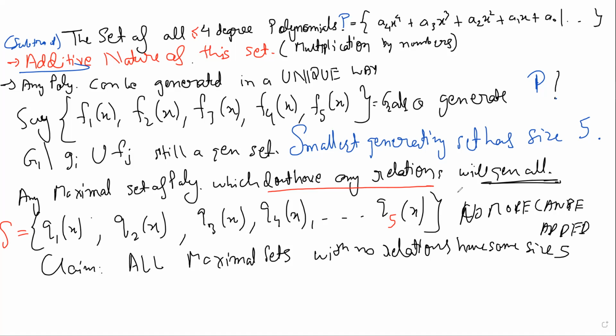And the fact that they have size 5 is clear because x choose 2 again is a prototypical example. Yeah. And this is again by the same exchange argument. You take two maximal sets and you do that exchange argument. You will show that one of them has size at least as much as the other, and then the other way you can show.